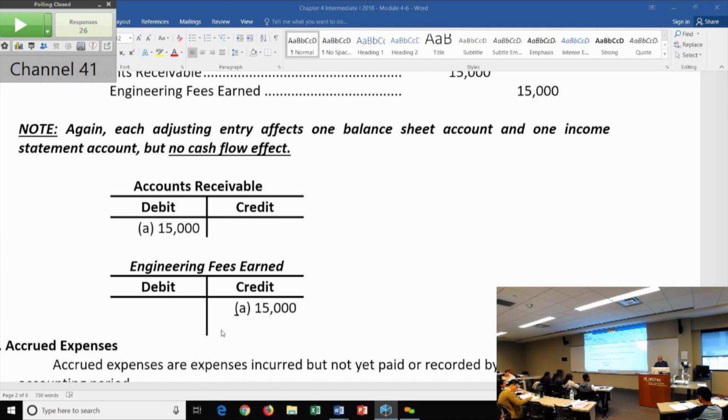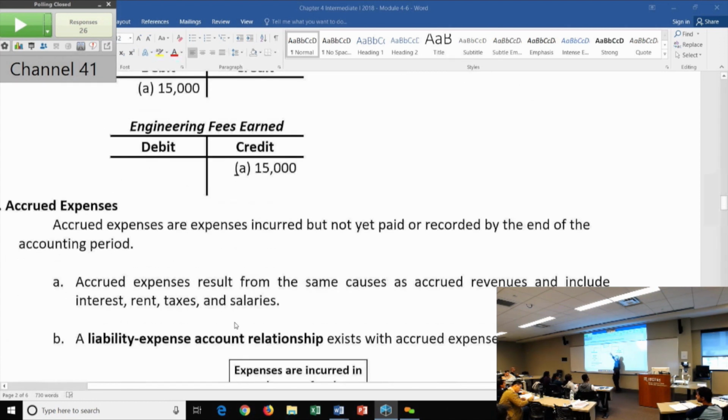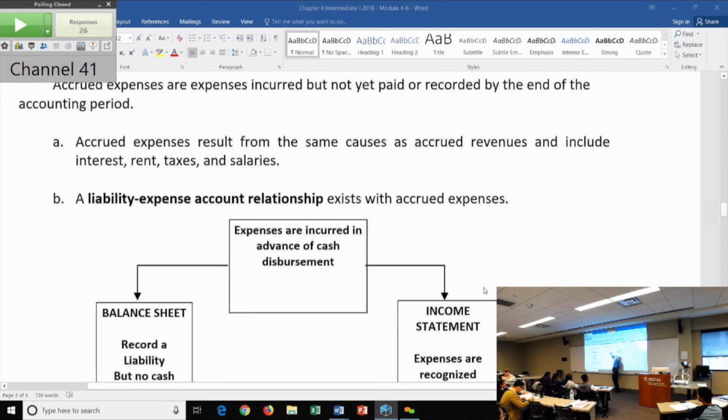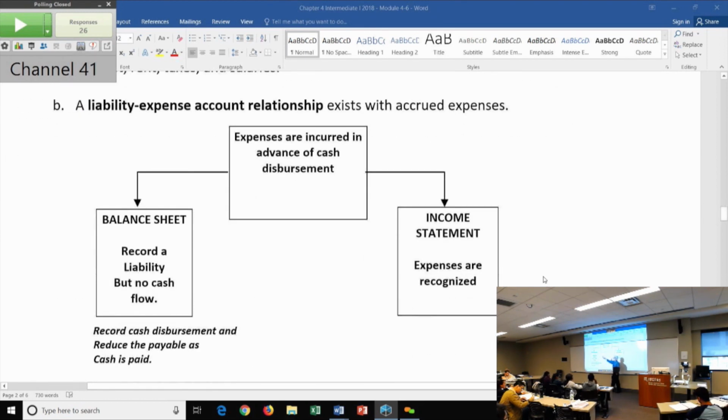All right, accrued expenses. In this case, same reasons. Could have wages accrued, whatever it is. You've got an expense incurred before you actually record it. So you find out that you get a cell bill from your smartphone, internet bill, cable, television, satellite, whatever it is.